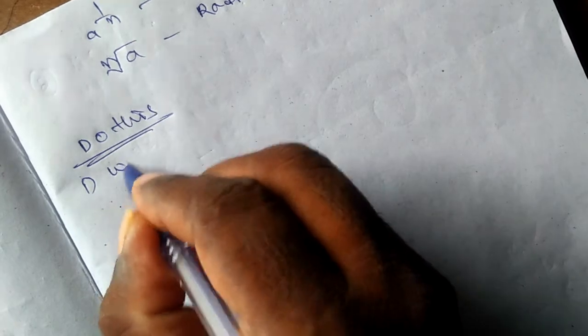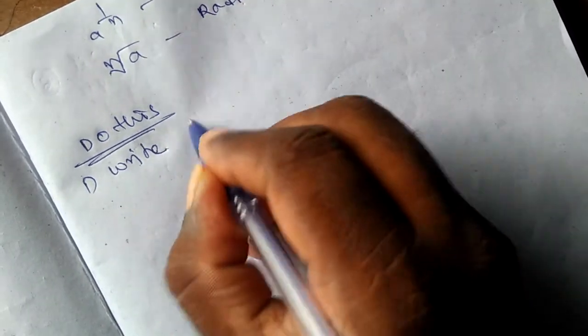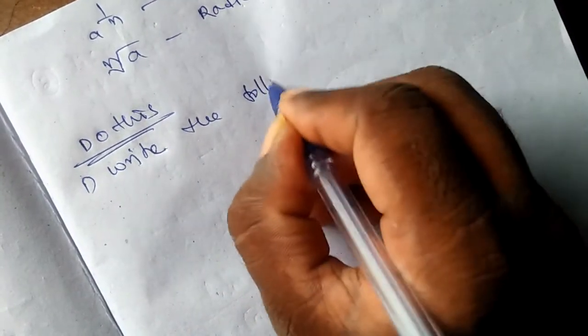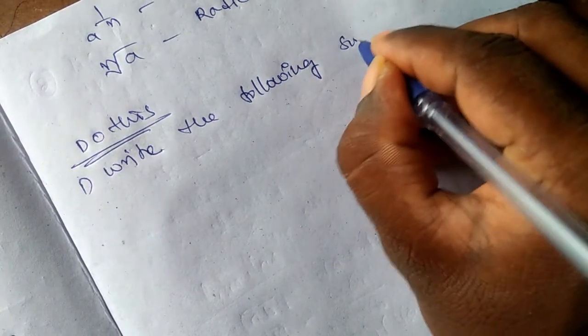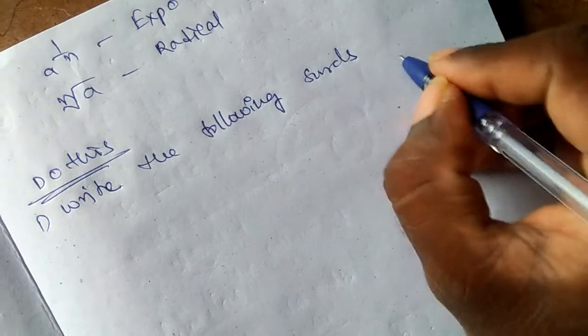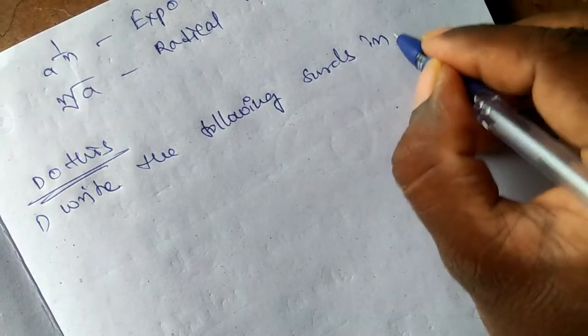Next, do this. First one, write the following surds in exponential form.